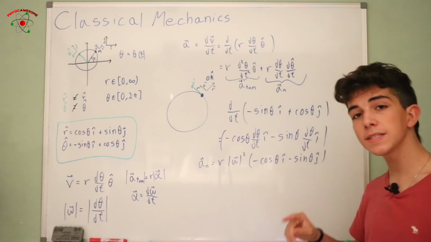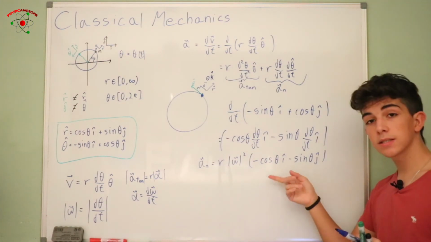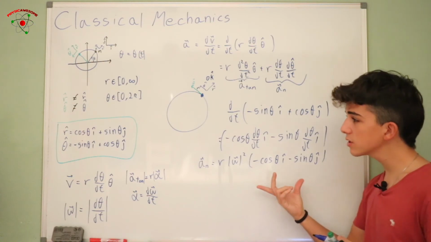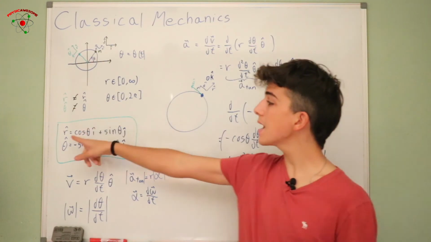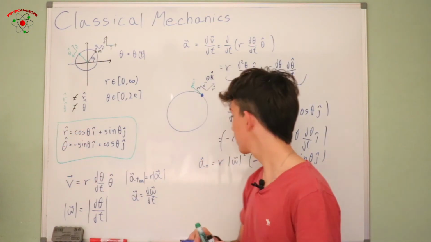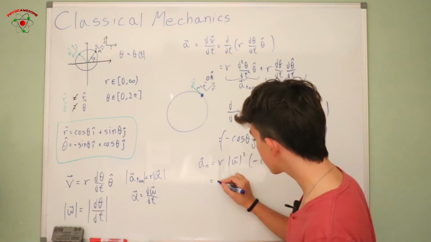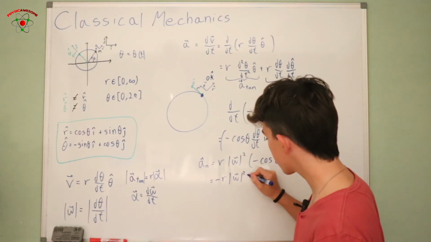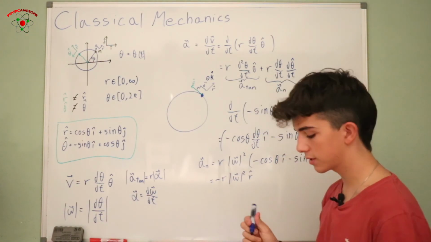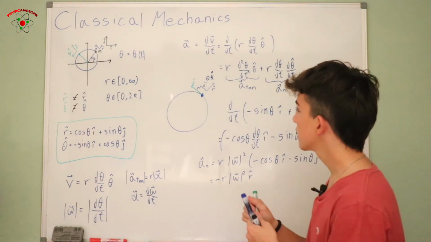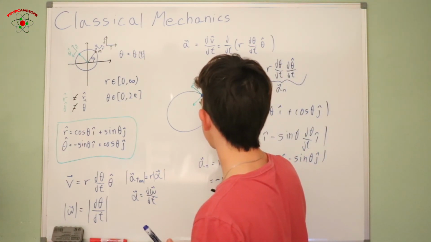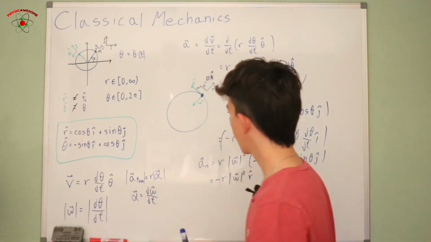But once again, this component is familiar to us because it's nothing else than minus r hat. Therefore, this is equal to minus r w squared in the r hat direction, and it points in this direction, minus r hat.